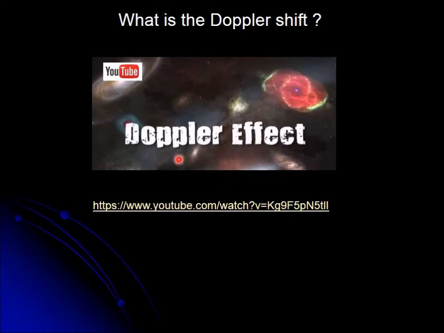Basically, the light produced by an object that is approaching us is going to have a shift in frequency as compared to if the object producing it were receding from us. In one case, we say that it's red shifted when it is moving away, and in the other case, it's blue shifted when it is moving towards us.